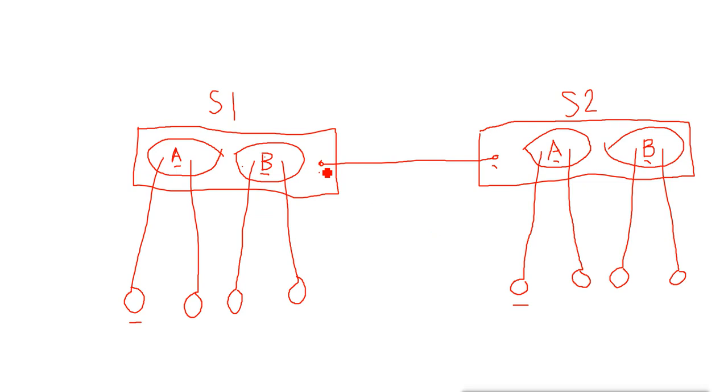Because it is in the default VLAN, it cannot communicate with the other VLANs A or B. So when this machine sends data to this machine, it goes to the switch, and the switch sees that this data is for that machine, but it only sends the data to that particular VLAN, only VLAN A. It will not send the data to any other VLAN or any other port.